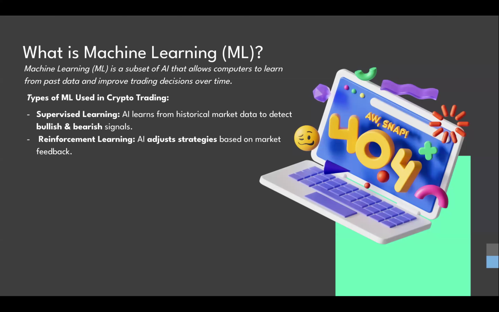It's just like when you are teaching children: you reward them when they do something right, and you punish them when they don't. You give the machine the data and tell it the goal, saying this is my goal for you: I want you to trade for me and make profit for me.